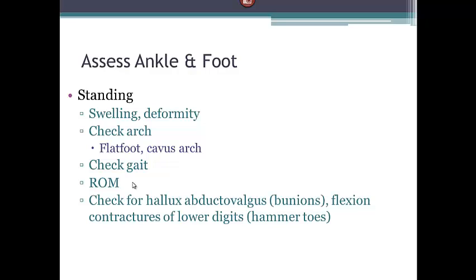Any type of trauma, any joint misalignment such as osteoarthritis, synovitis could occur as consequence of bunions, joint swelling as well. Symptoms, again, pain and swelling.